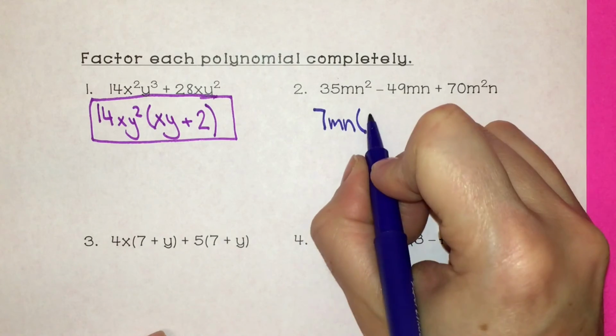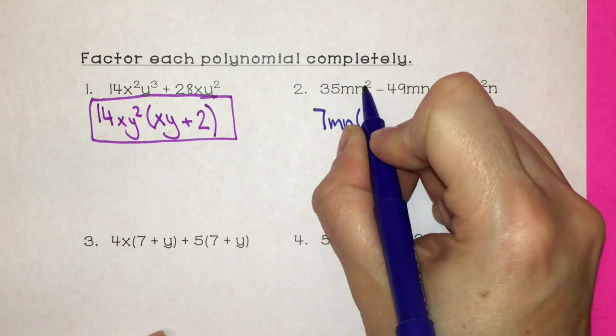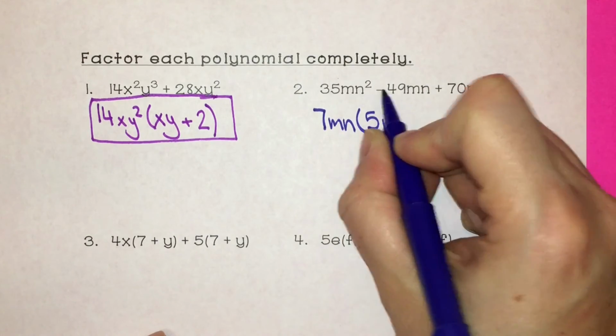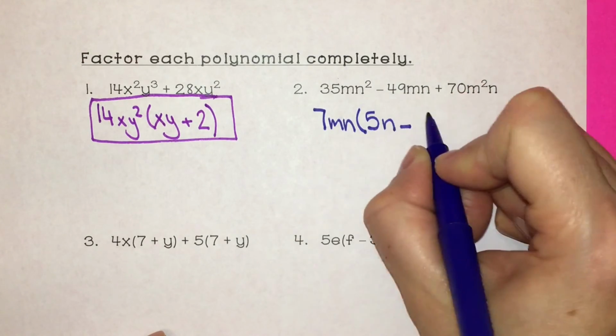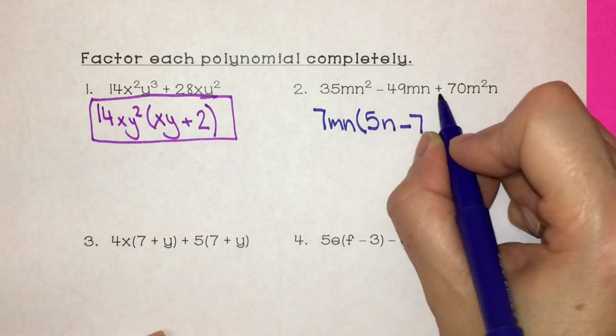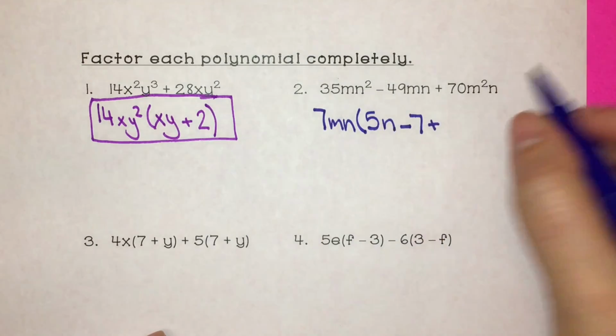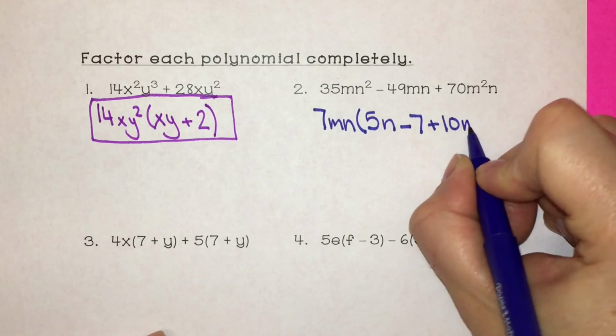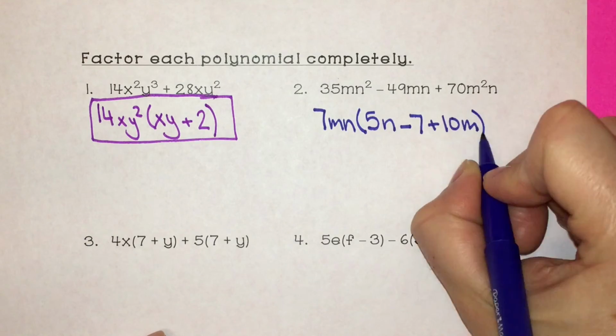So 35 divided by 7 is 5. Factored out the m, we factored out one n, so we're left with an n, minus 49 divided by 7 is 7. We factored out the m and the n, plus 70 divided by 7 is 10. We factored out one of the m's, so we're left with 1, and we factored out the n.